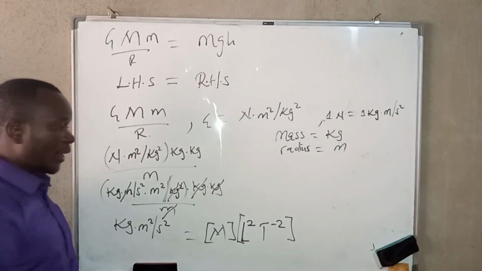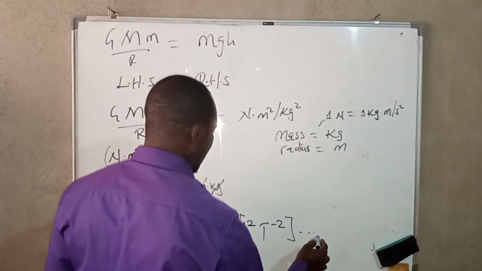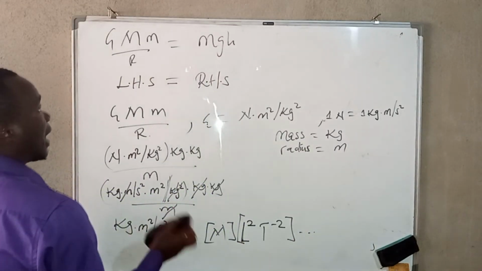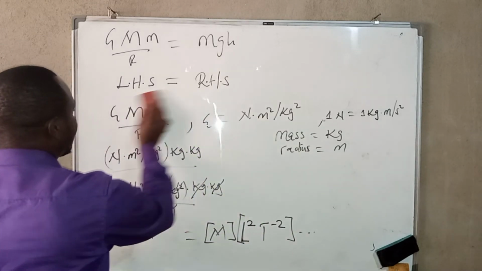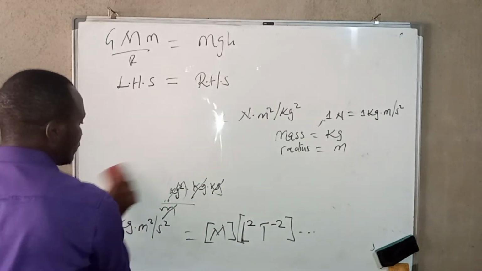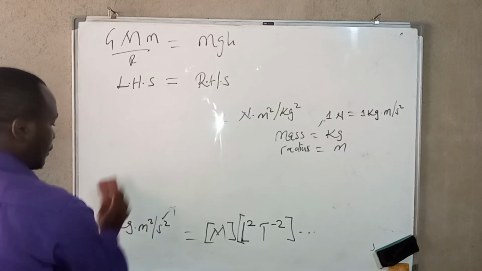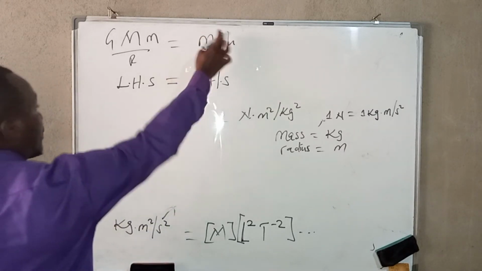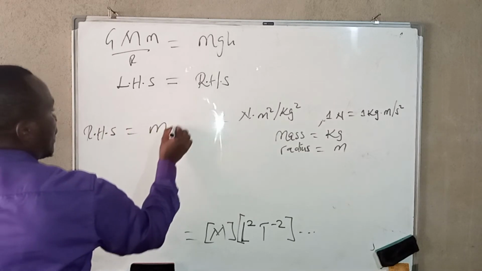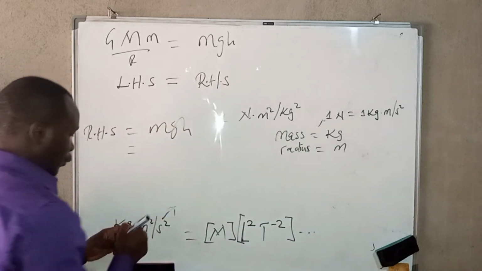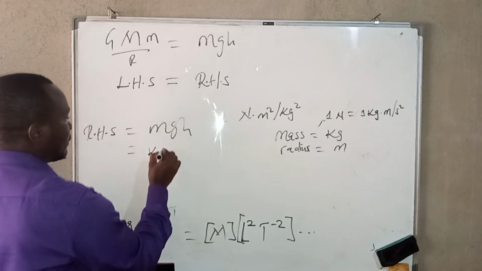So on the left we have this. Let us now see on the right. On the right we have mgh. So m is the mass in terms of kg.